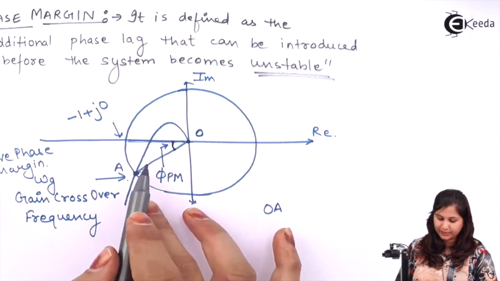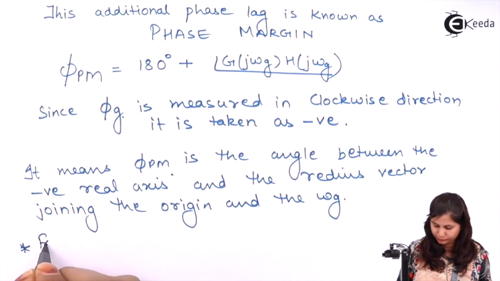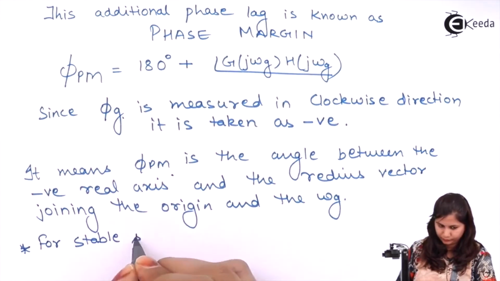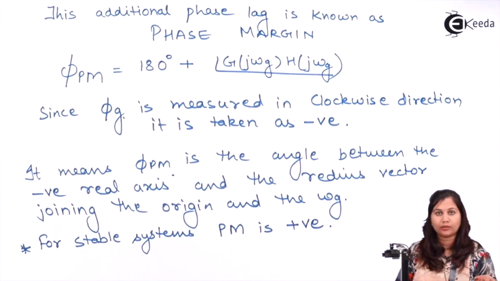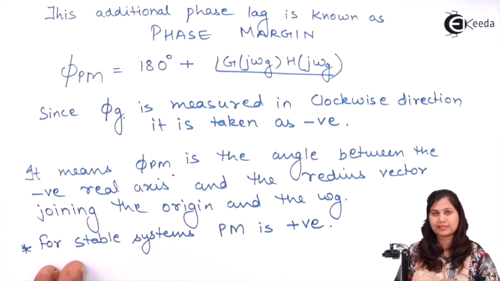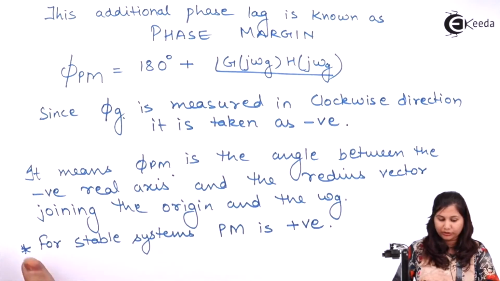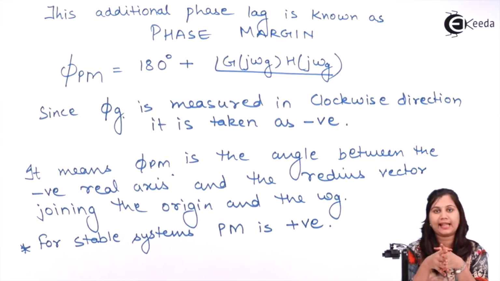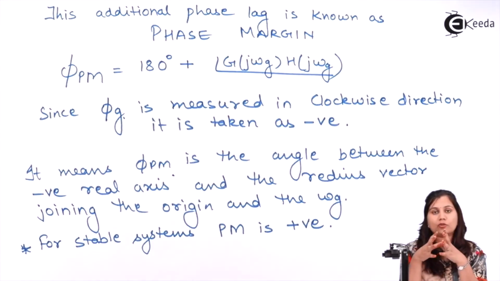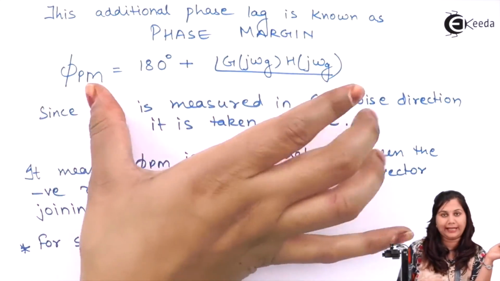For a stable system, the phase margin is positive, and for an unstable system, the phase margin will be negative. The phase margin is the additional phase lag by which the system goes to the verge of instability, and we can calculate it with this formula.